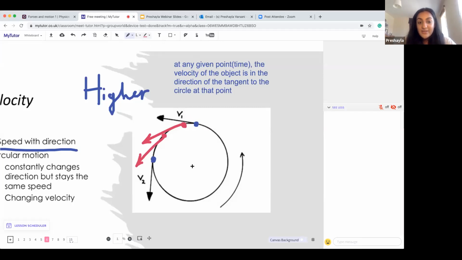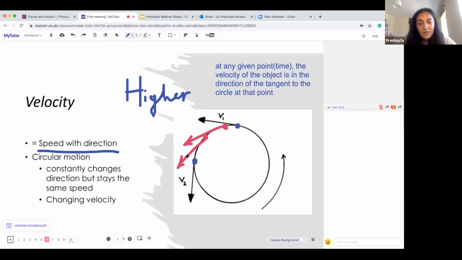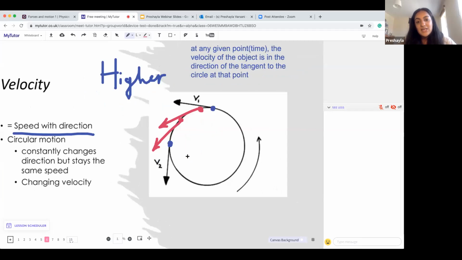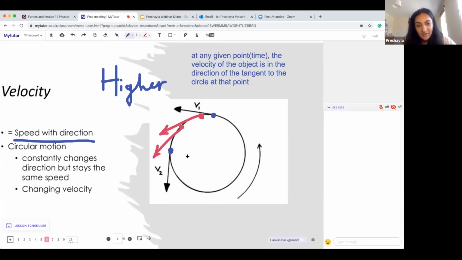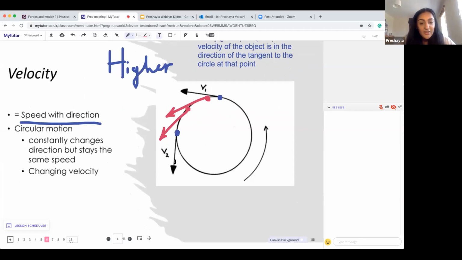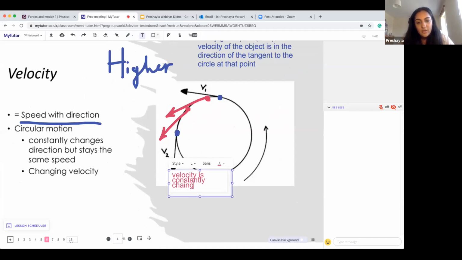And this means that the velocity is constantly changing. Absolutely constantly changing. Now, if the velocity is constantly changing, this means that we have acceleration. Again, really weird. So we know that our velocity is constantly changing, and if we have a change of velocity, this means it's accelerating.